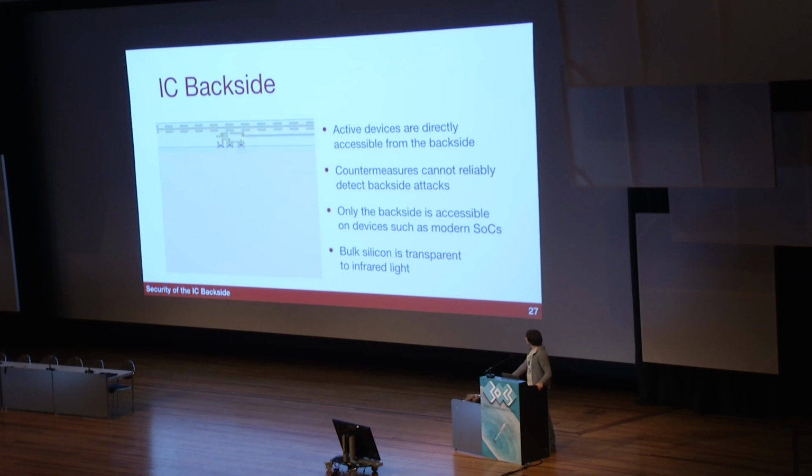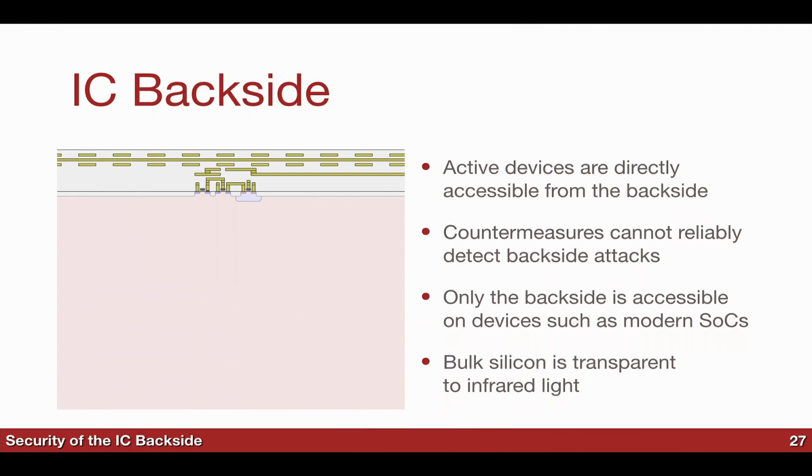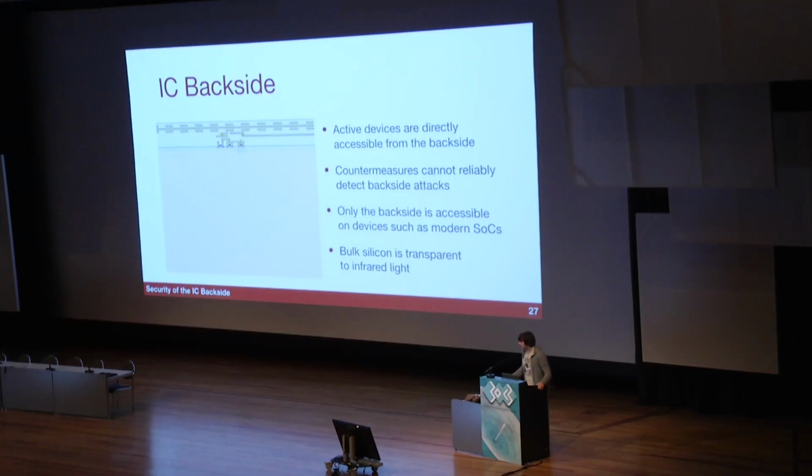But the thing which, to me, explains why people never looked into this is this, which is a to-scale image of what you actually have. The thickness of the substrate is several times the thickness of all of the active devices and the wiring, et cetera. And so people would say, you're telling me that instead of removing 10 micrometers of this chip, I have to remove 300.